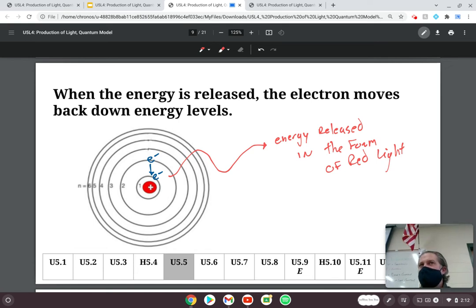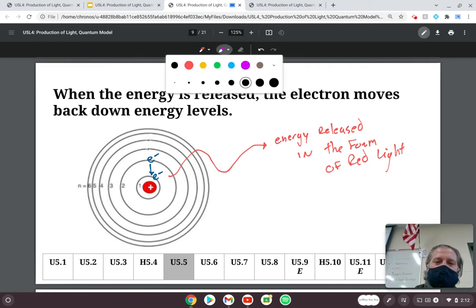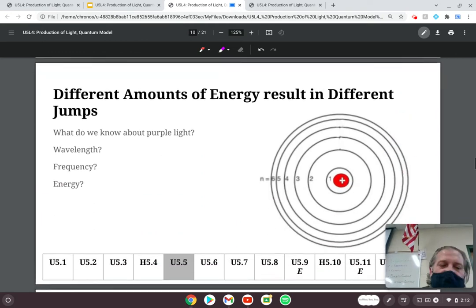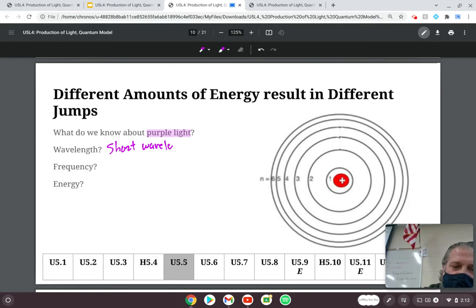Another example of this would be if we observed purple light. What we know about purple light is it has a short wavelength, it has a high frequency, and high energy.